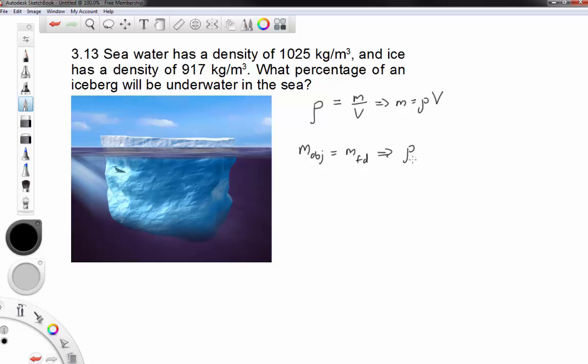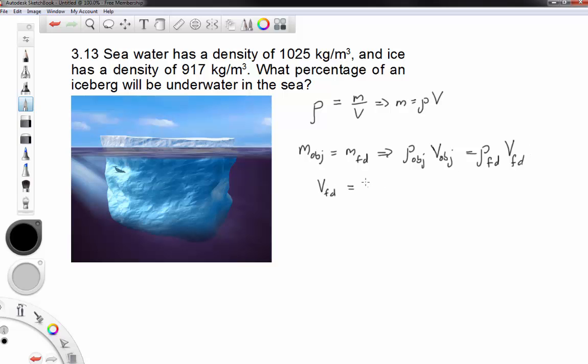This one right here, therefore, is implying that the density of the object times the volume of the object, that's the mass of the object, should be equal to the density of the fluid, which has been displaced, times the volume of the fluid, which has been displaced.